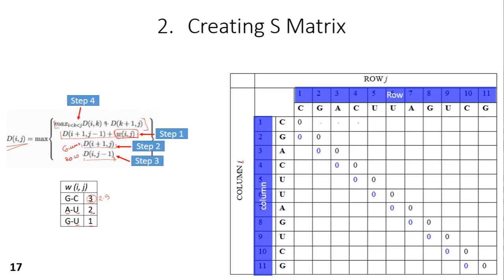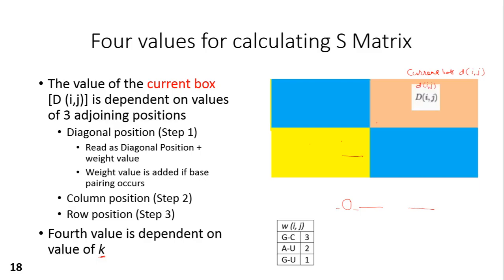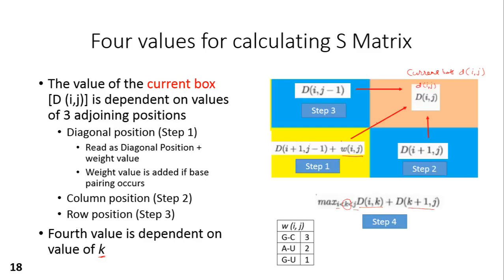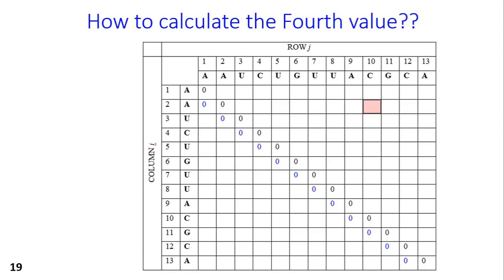Now let us talk about step 4, which is quite tricky to understand. So how do we calculate the fourth value? Say, for example, this is the position that you need to fill up using your dynamic programming algorithm.